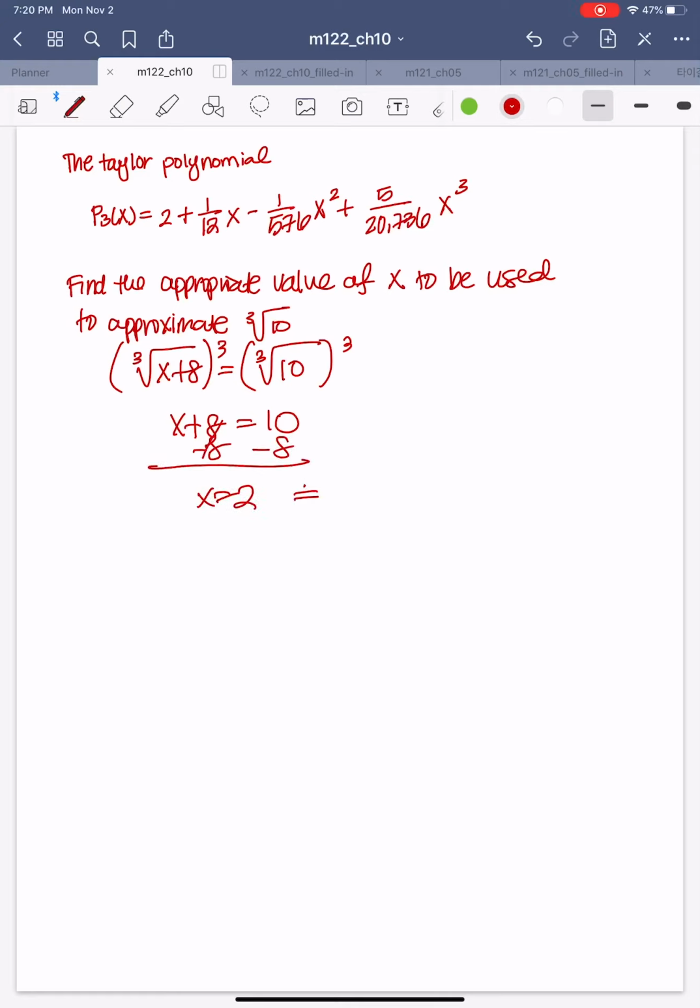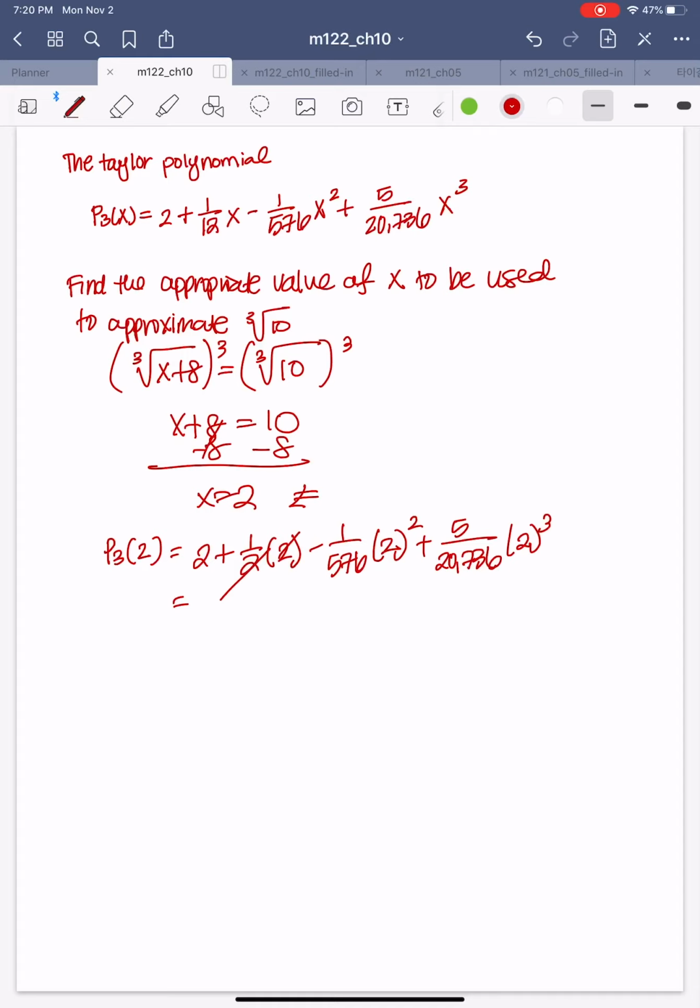So I'm going to plug this into the polynomial that we created over here. If you do that, we have 2 plus 1 over 12, substitute 2, negative 1 over 576, 2 squared, plus 5 over 20,736, 2 cubed.